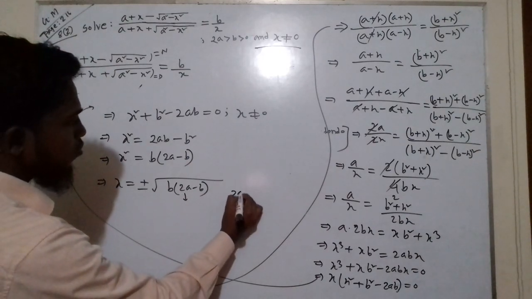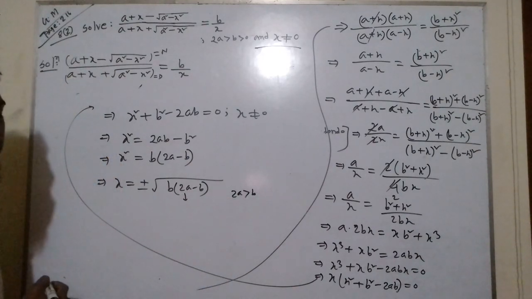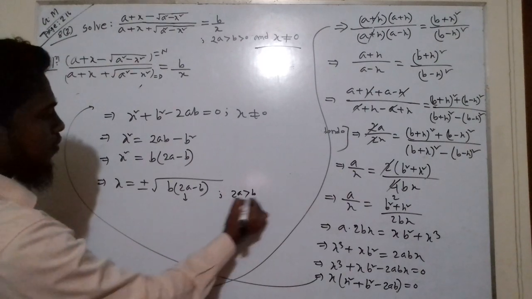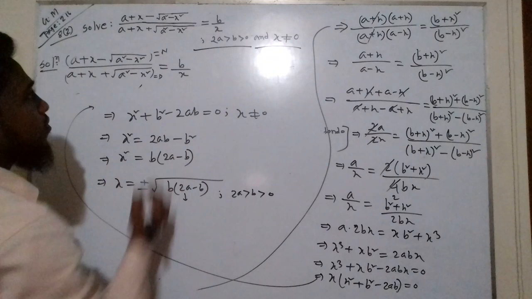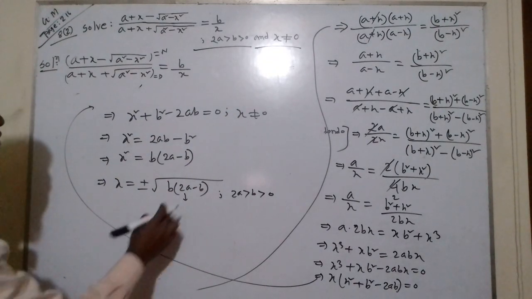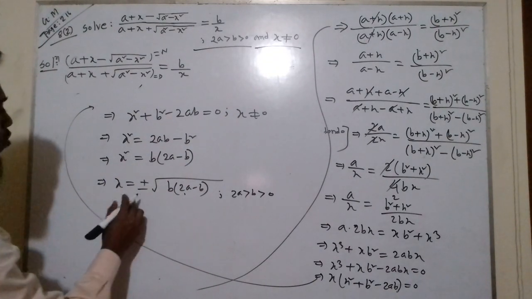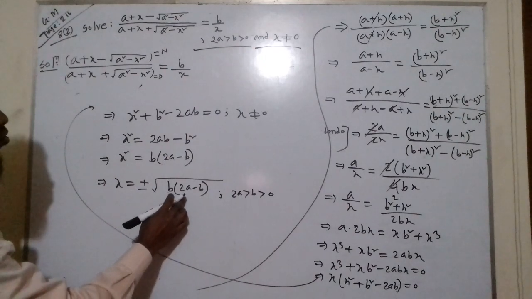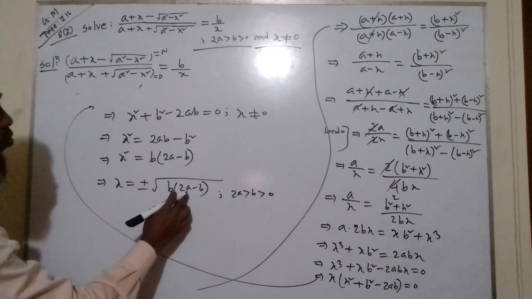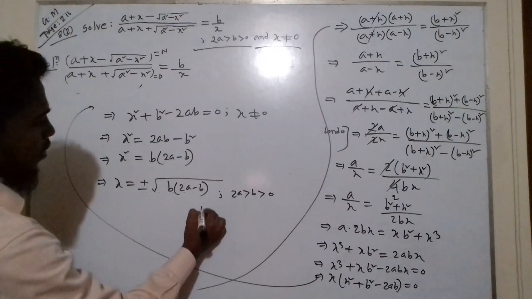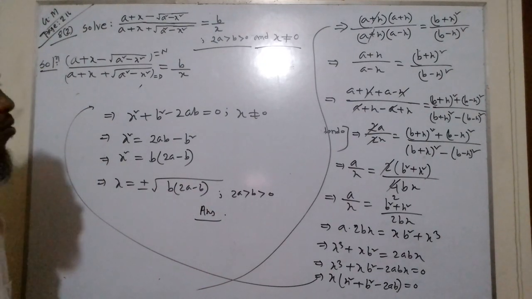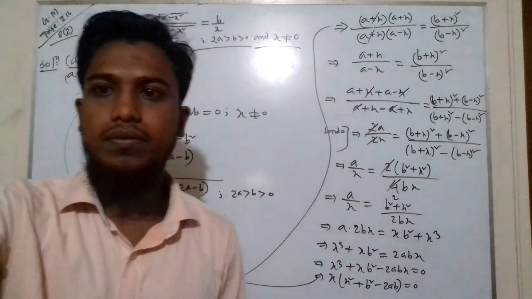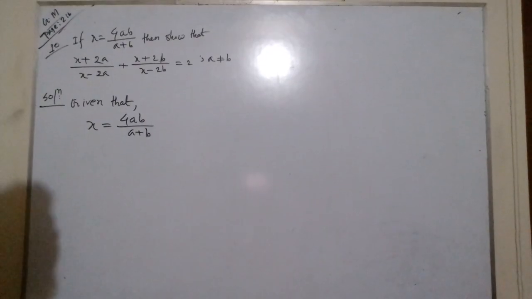So 2a is greater than b is greater than 0. This is the condition: 2a is greater than b is greater than 0. So x equal to plus minus root over b into 2a minus b is the answer of this equation. I think you have understood this solution.